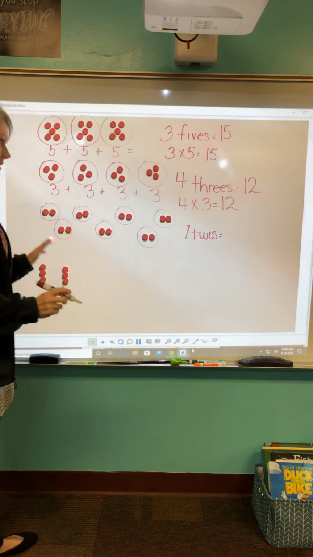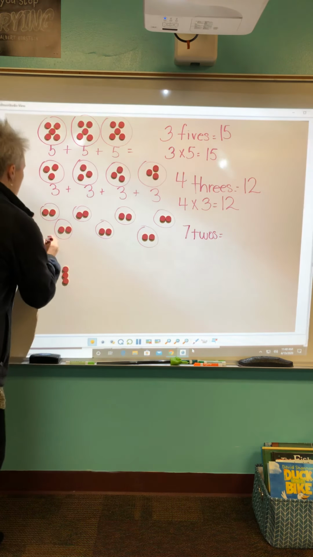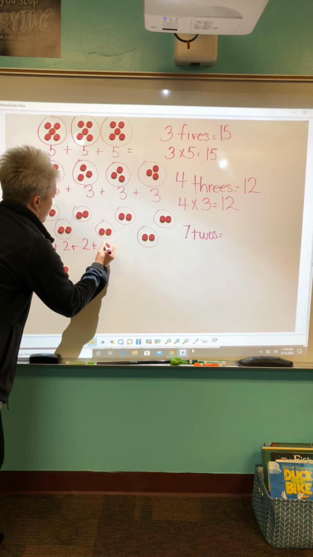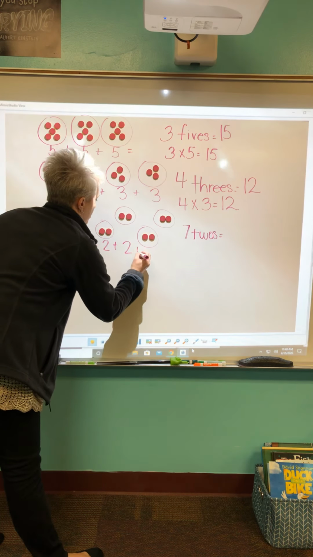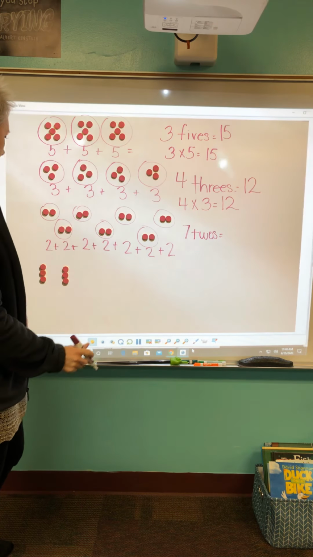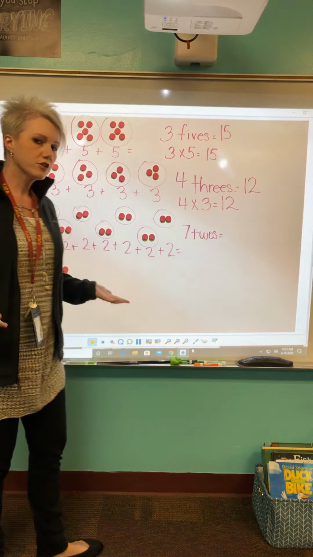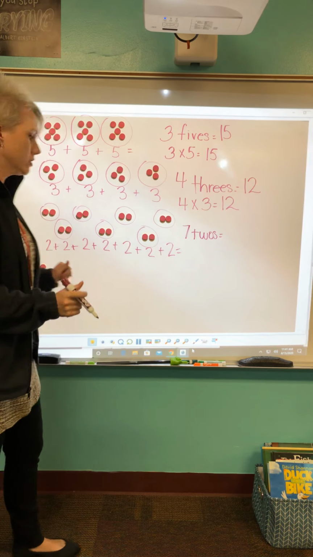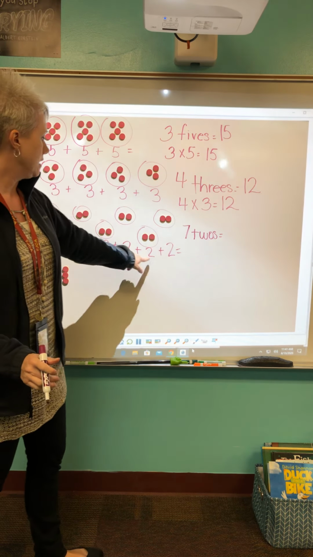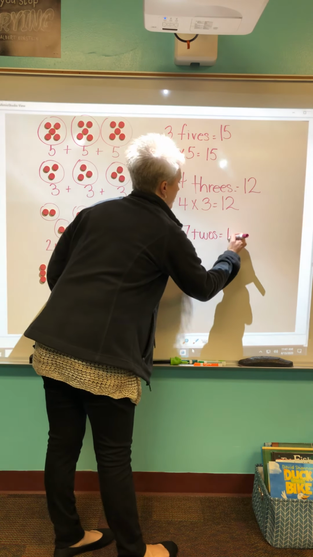Now, this is the same thing as writing the number 2 7 times. So 2 plus 2 plus 2 plus 2 plus 2 plus 2 plus 2. We can count by twos. So let's just count by twos. That's the easiest way. 2, 4, 6, 8, 10, 12, 14. 7 twos is 14.